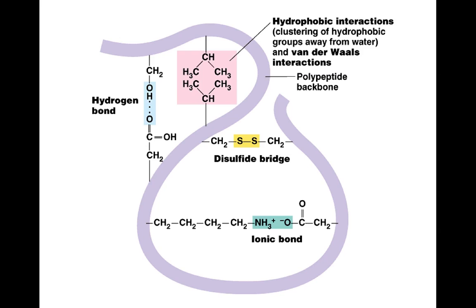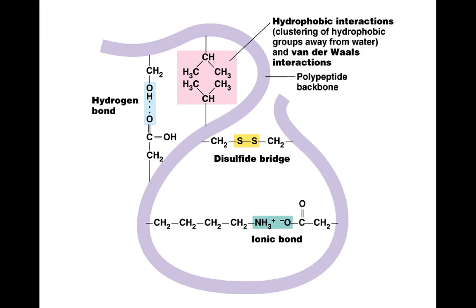Now, let's just backtrack a little. When we looked at secondary structures, we were saying that it was mainly formed due to the hydrogen bonding taking place between atoms in the peptide bond. Now, for the tertiary structure, we are looking at interactions among the R groups of these different amino acid residues.